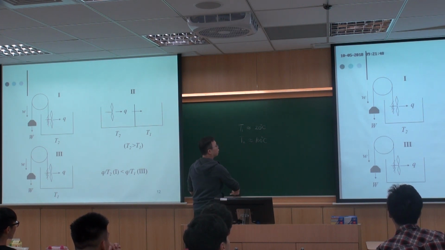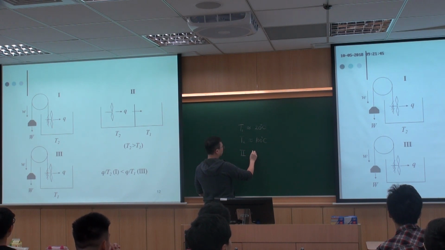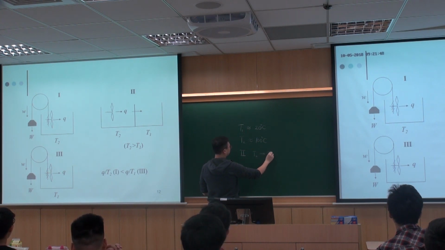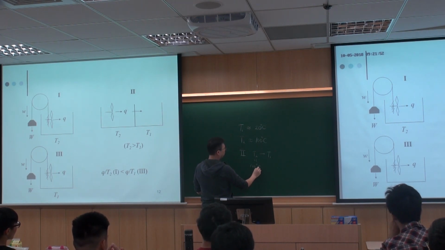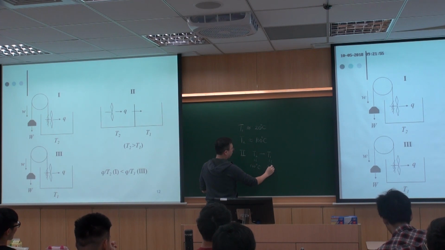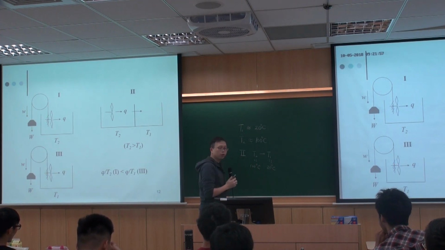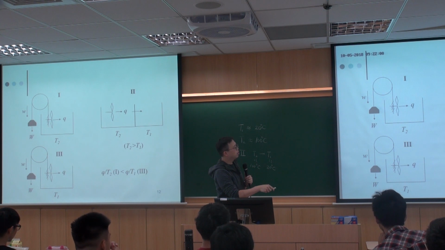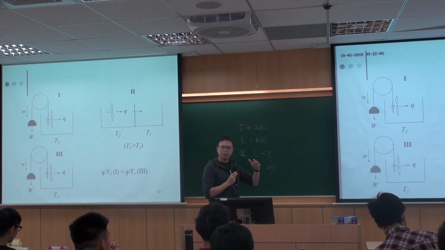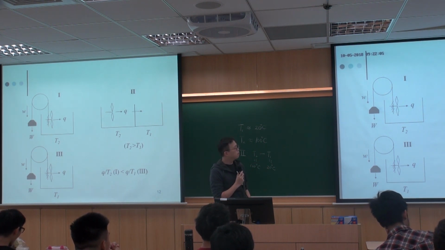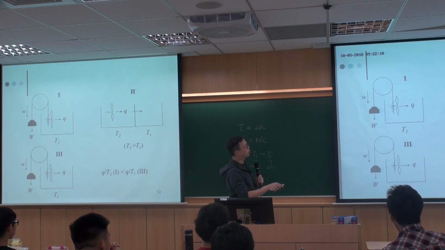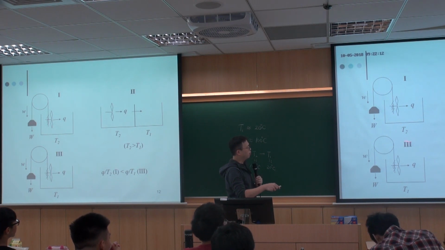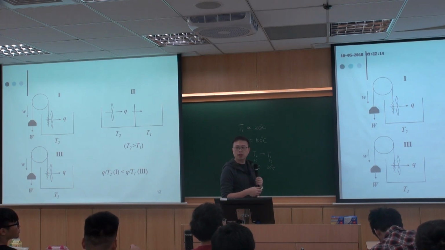Okay, so for process number 2, it means that originally the heat tank is at T2 and later it will become T1. So originally it was at 100 degrees Celsius, and after it was in contact with another larger heat reservoir, the temperature is lowered to T1. So if you combine process 1 and 2, you'll see that it's eventually reduced to process 3.